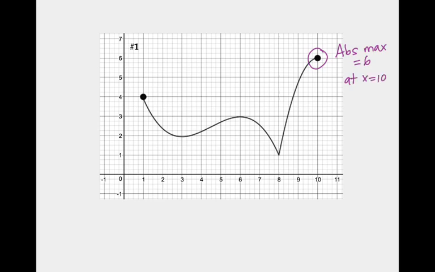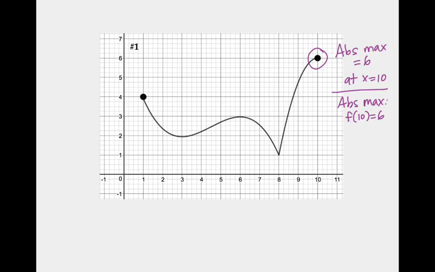We always want to say what the maximum is, and then what the x coordinate is. Alternatively, you could also say that the absolute max happens at f of 10, which is equal to 6. Either one of those two, but you need to identify the x and the y coordinate.